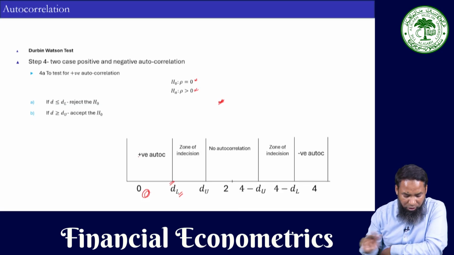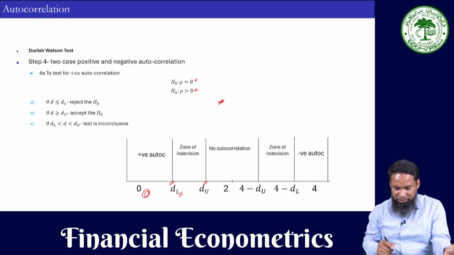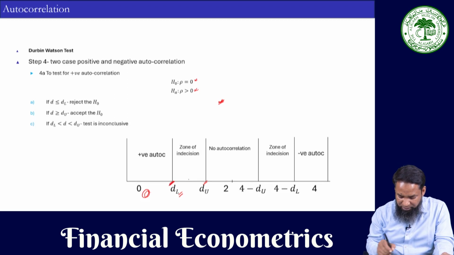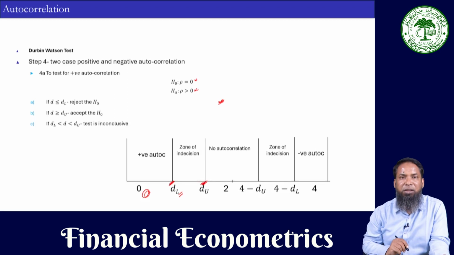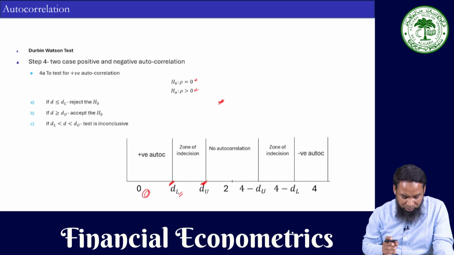However, if d is more than dU, you accept the null, that is, there is no positive autocorrelation. Similarly, if the value of d lies between dL and dU, the decision is inconclusive; we cannot say whether there is a problem of autocorrelation or not.